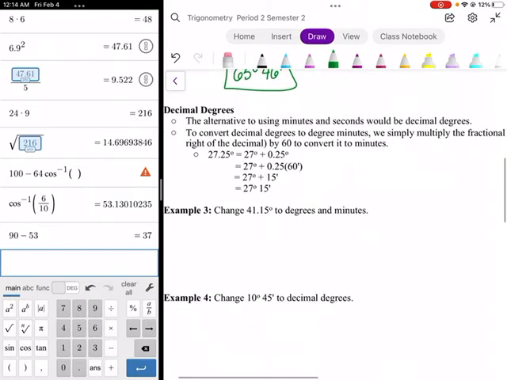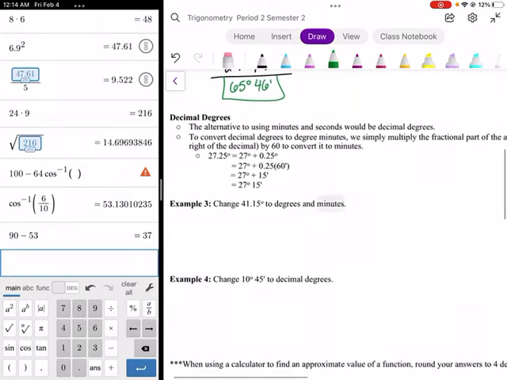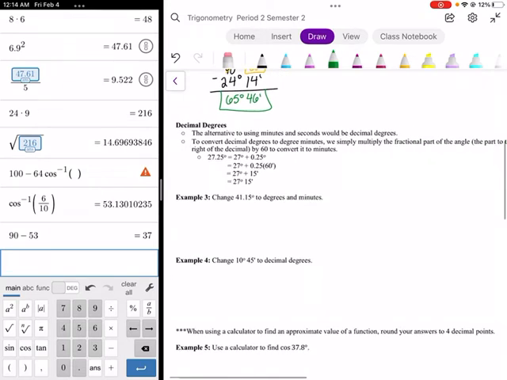Now, previously and up to this point, we have been working with decimal degrees. So, decimal degrees is, for example, if you had 14.2 degrees, that is an example of a decimal degree. You will be expected to know how to convert between decimal degrees to degree minutes.